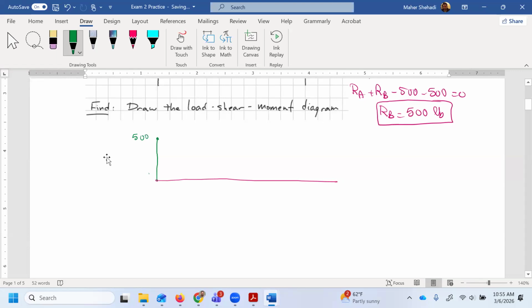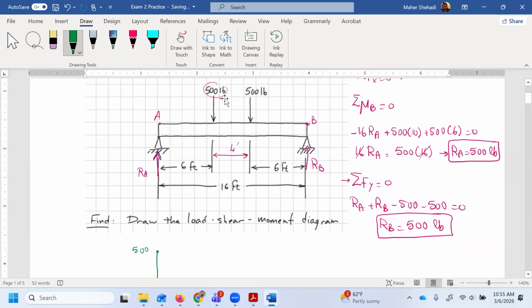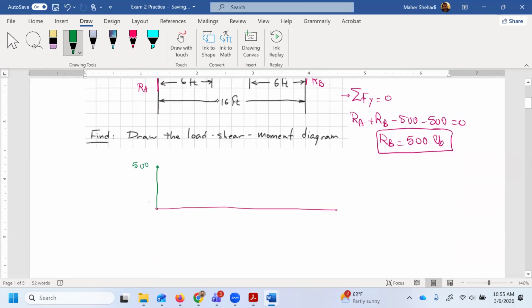And then we'll keep moving until we hit the first critical point, which is the first 500 force, at 6 feet. Because we're moving down, then we move down 500, so I'm going to go back to 0.